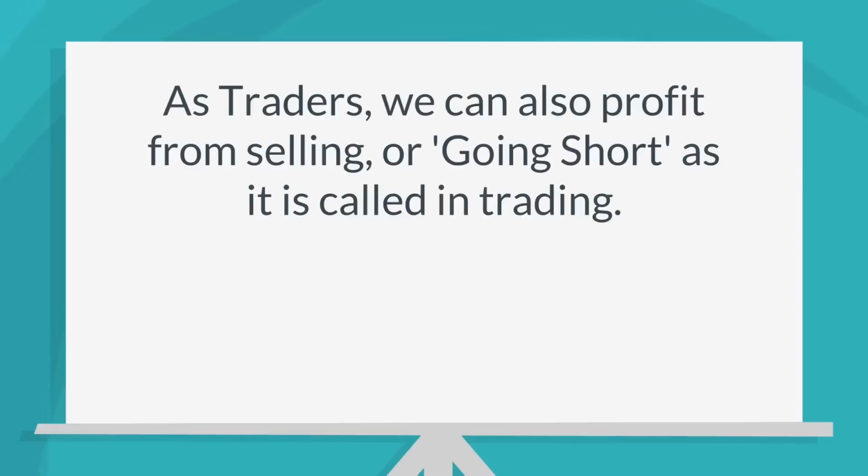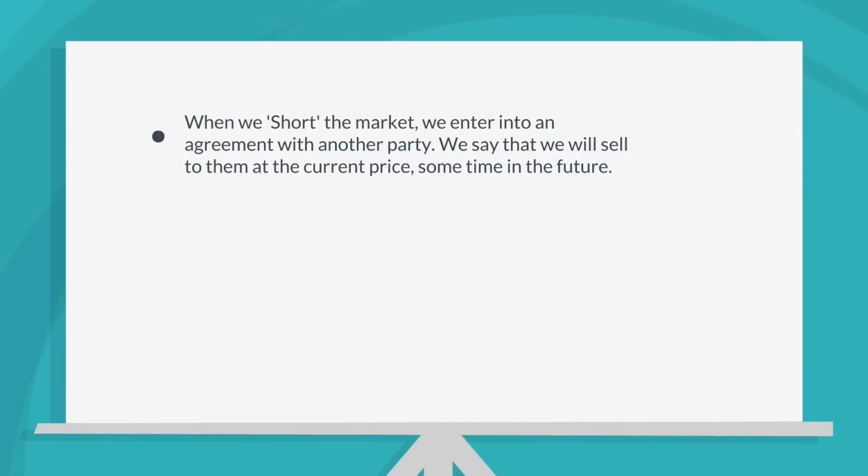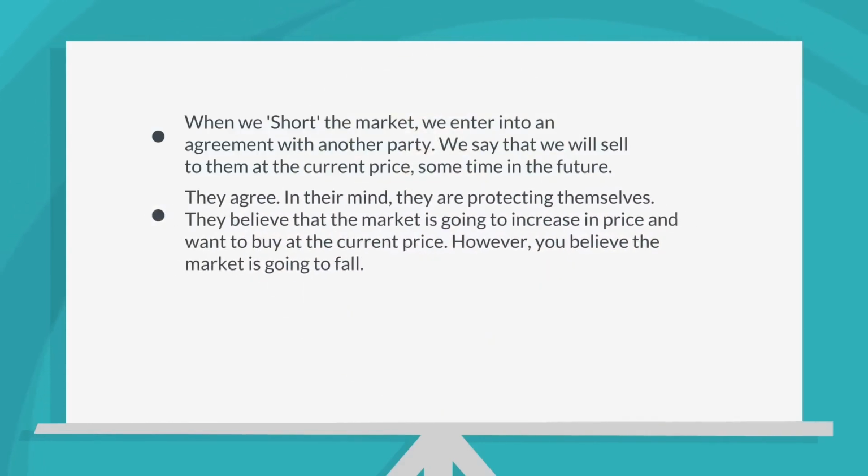As traders, we can also profit from selling, or going short as it is called in trading. When we short the market, we enter into an agreement with another party. We say that we will sell to them at the current price, sometime in the future. They agree. In their minds, they are protecting themselves.